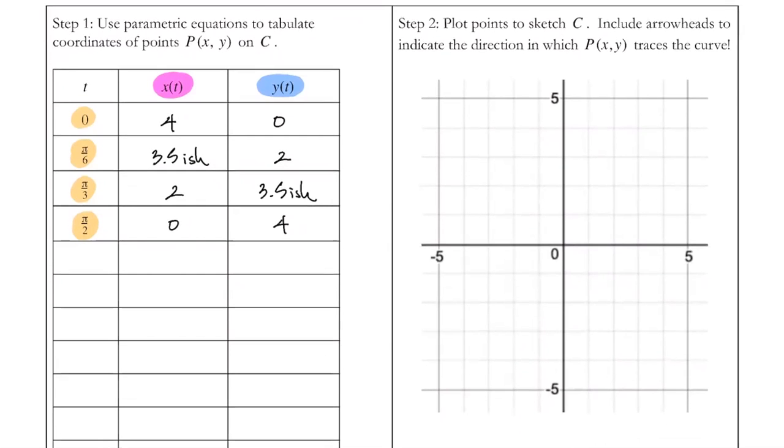Okay, so the first point I'm going to plot is 4, 0. We're going to go next to 3.5, 2.